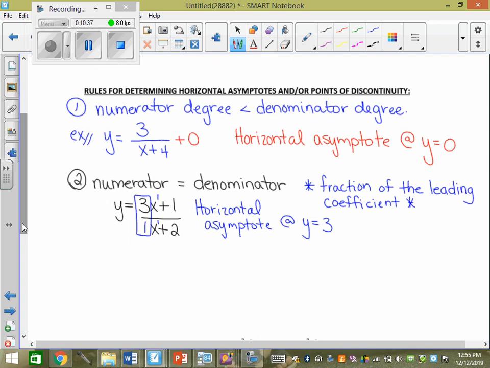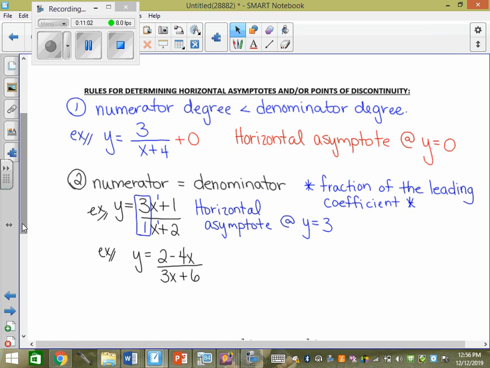So what do they do to do a little bit more of a trickery? So that's one example. If I give you this example, y equals 2 minus 4x over 3x plus 6, people will tell me it's 2 over 3, but it's not, because 2 is not a leading coefficient, right? So just don't fall for the oopsie here.